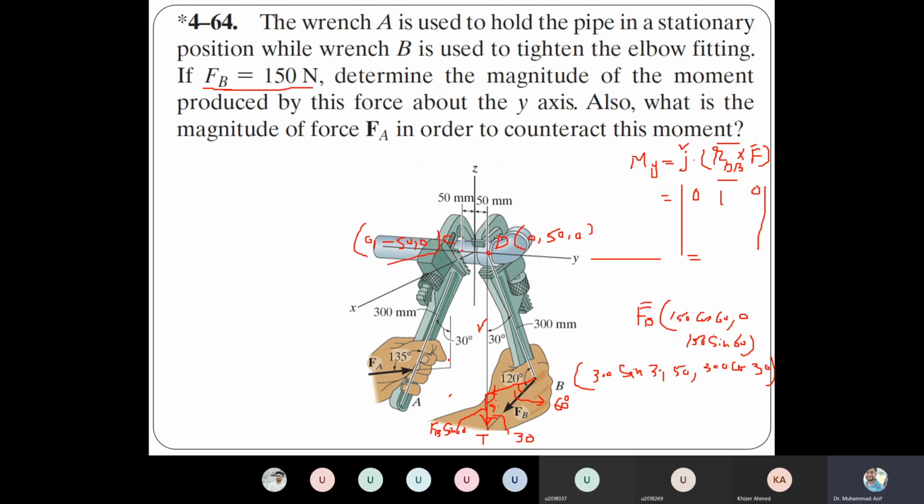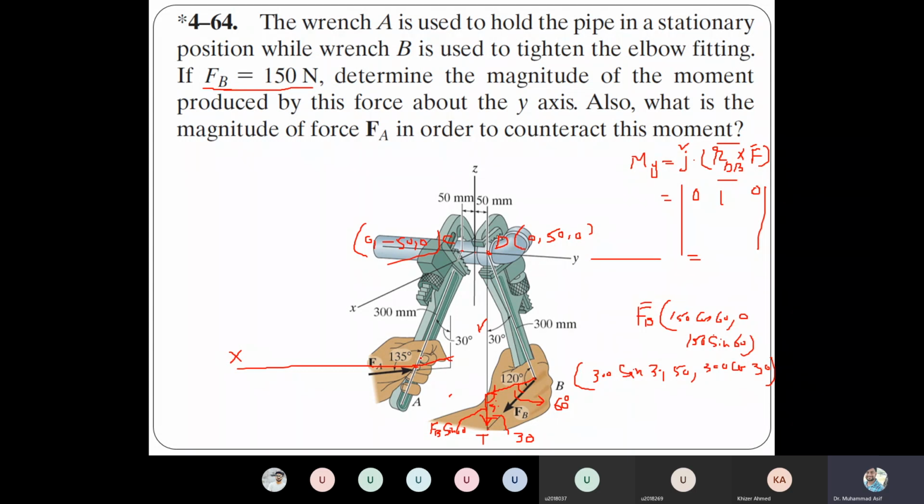Let's say we want to draw a line parallel to the x-axis, touching the force F. That means the x-axis will be perpendicular to the y-axis, so this angle is 90.